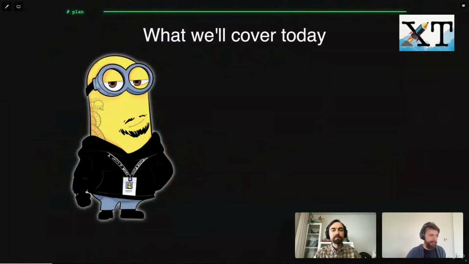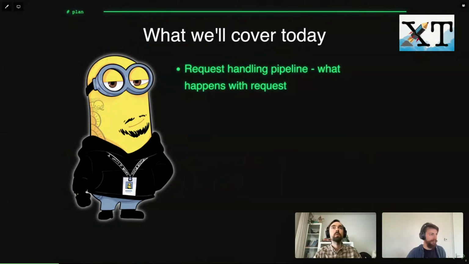So what we will cover today: we will talk about request handling pipelines, what happens with an actual request, how it goes, what the journey is through NestJS handling. It might look very simplistic at first, but it's good to know at least the sequence of which handling happens after which.